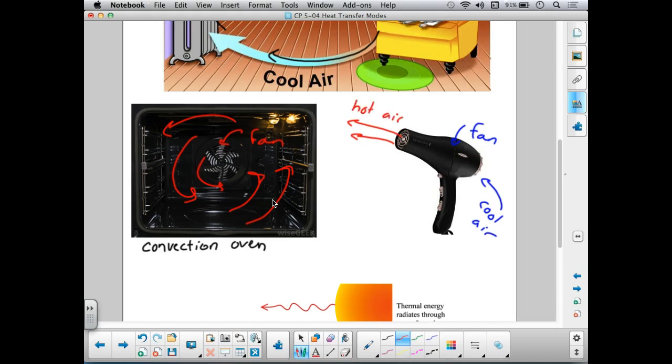This is an example of forced convection, because we are taking thermal energy from inside the hair dryer. Of course, we're not creating thermal energy. Electrical energy has to come in. And we convert that electrical energy to thermal energy, and then we send it out of the hair dryer in the form of forced convection, so we can distribute it to something else, presumably your hair.